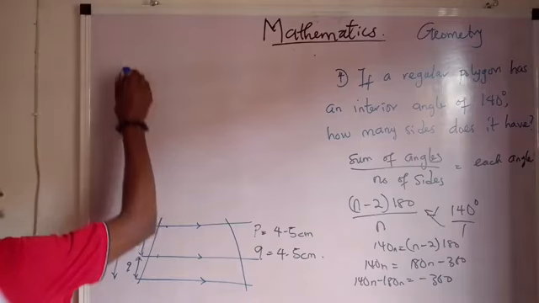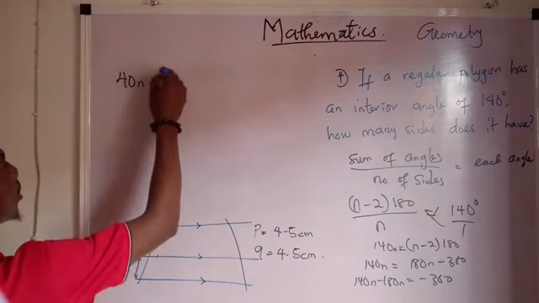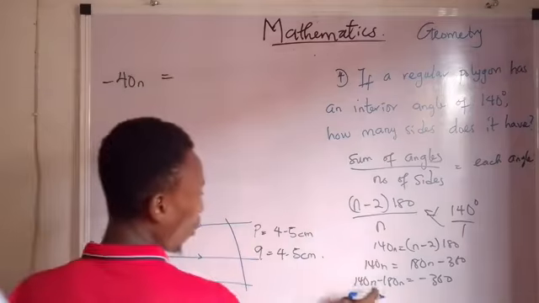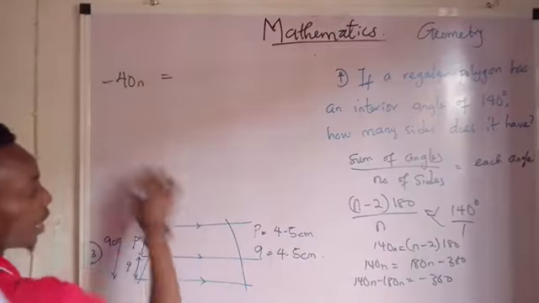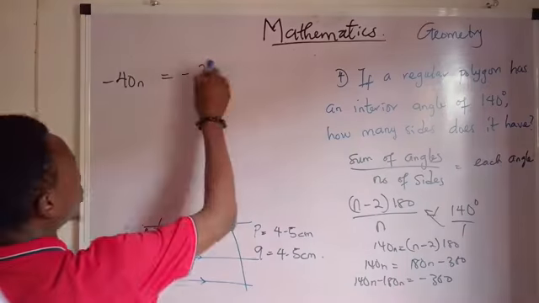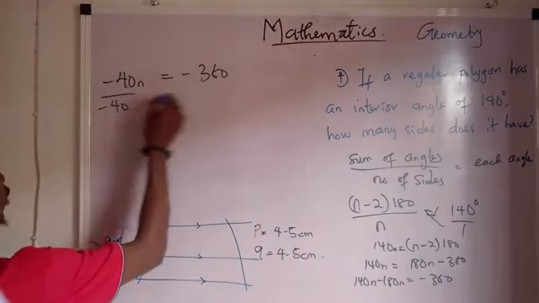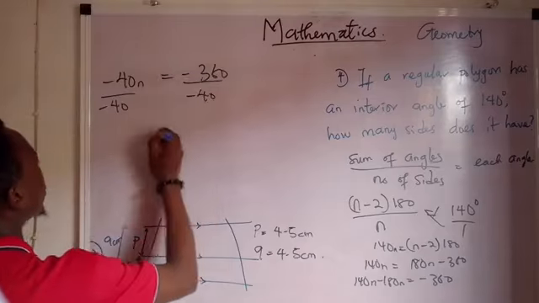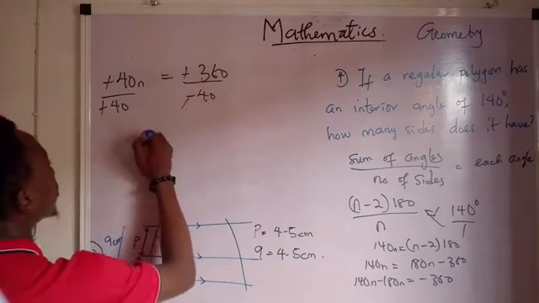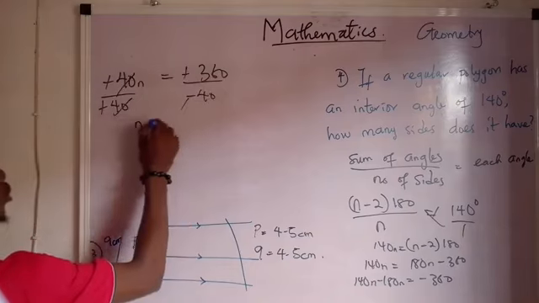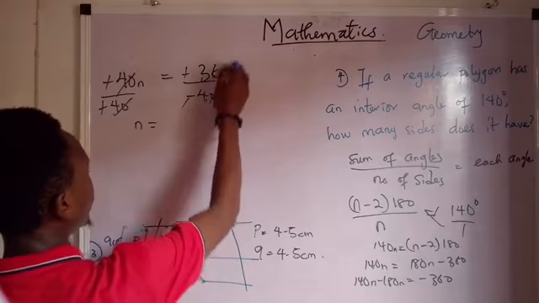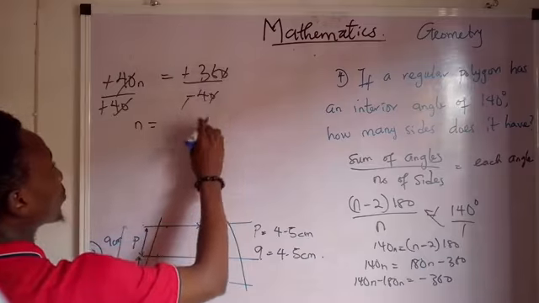Minus 40n, which is equals to what? Minus 360. Divide both sides by minus 40. So minus cancels minus, and n will be equals to what? 9.